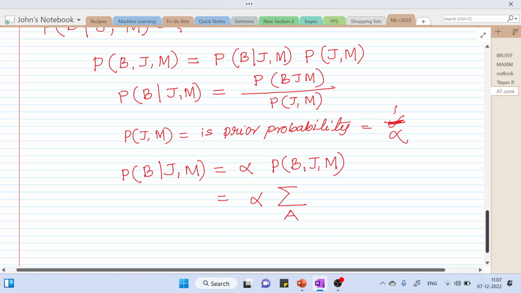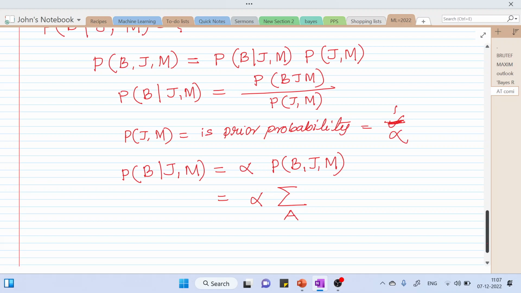The sigma over alarm positive, alarm negative, and sigma over the other event, earthquake, of the probability of B, J, M, alarm, earthquake. I will explain it, don't worry.